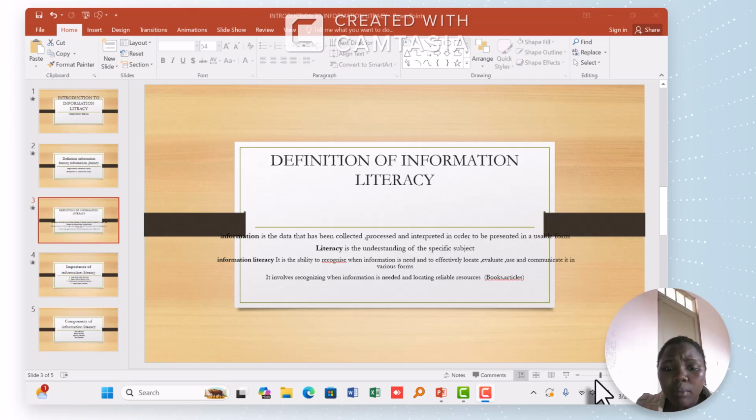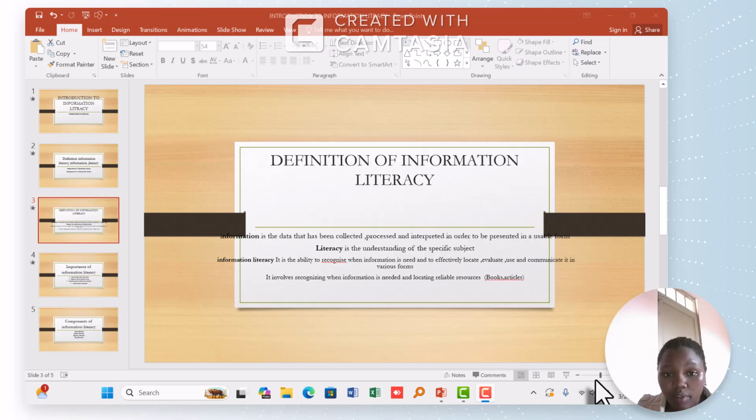If we say information, it may be data from different sources, data from different places, from different people, but it must be processed, it must be interpreted. If I say interpreted, the person who is producing this data must understand very well before presenting it to somebody.